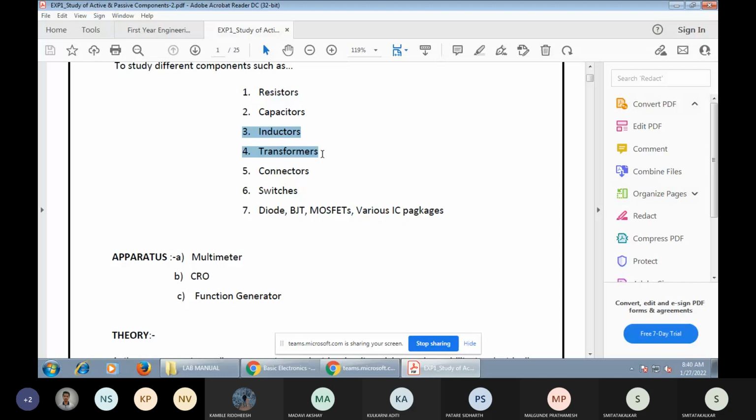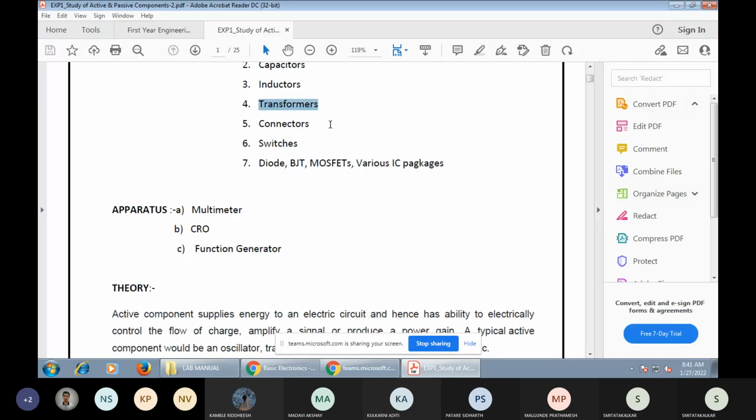The transformer uses an iron core, in step down transformer and step up transformer. These two types of transformer are used for transferring the electric charge. Then connectors are used for conducting the flow of current through the connectors or the cables.